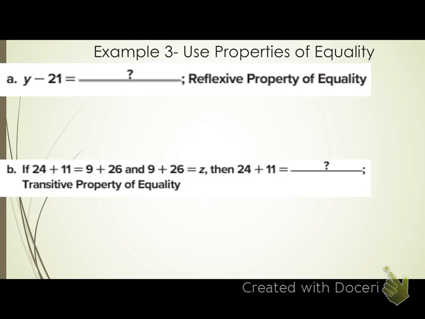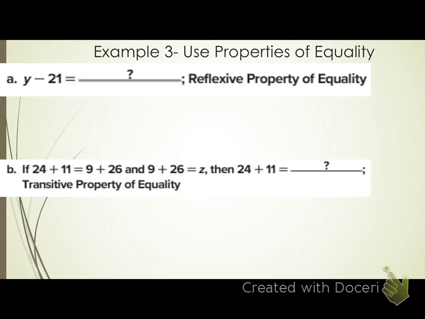Example 3. I forgot to put the directions on here, but it says use the given property of equality to complete each statement. So letter A, it gives us the first part of our equation, y minus 21, and it tells us which property to use.